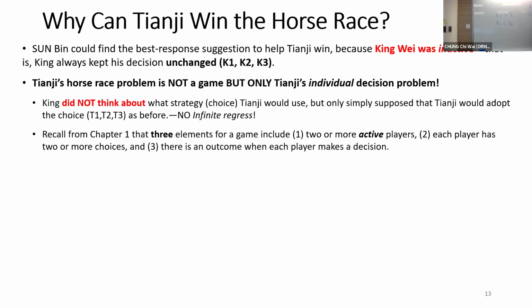And in this case, we have always used the K1 case. But how about if the king also has other cases?